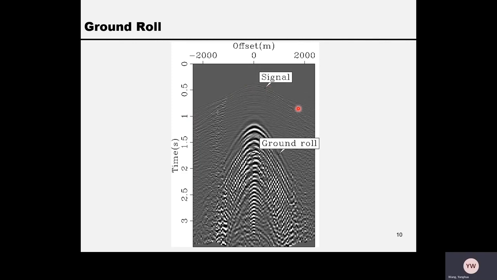These are weak signals, but coherent. There are reflections.